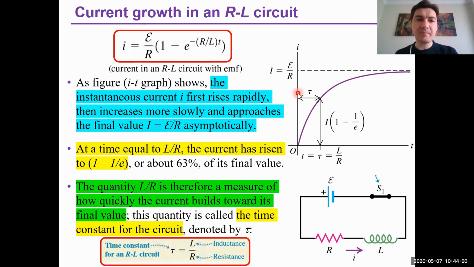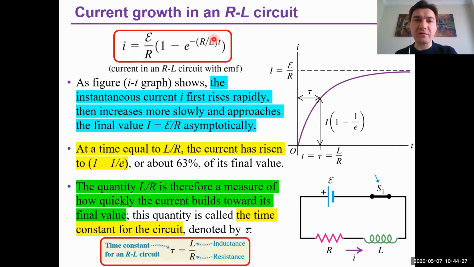And what we have here, the instantaneous current I first rises rapidly here, then increases more slowly in that region and approaches the final value of this one.